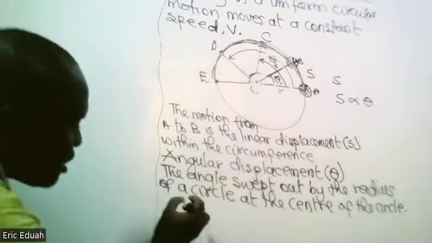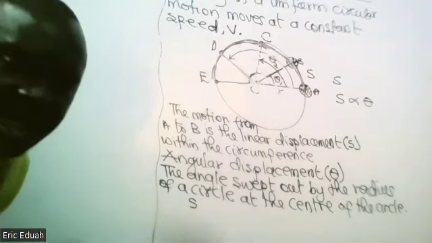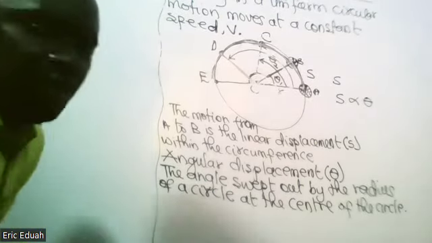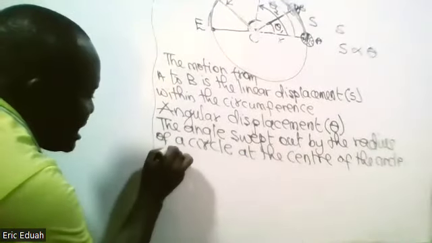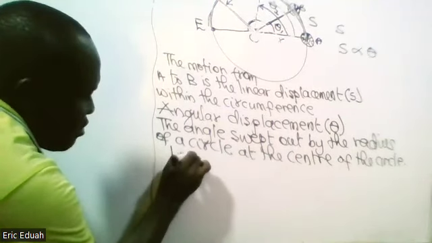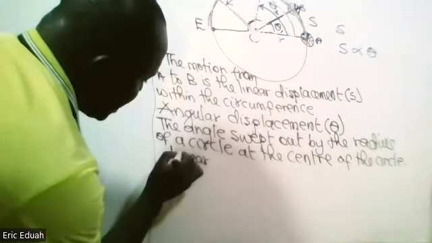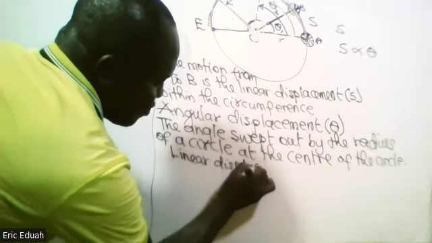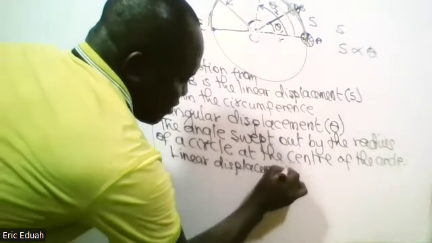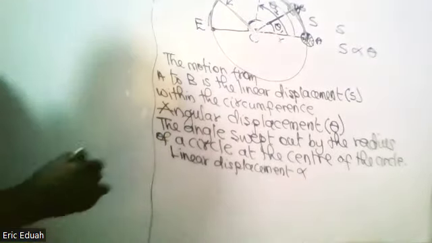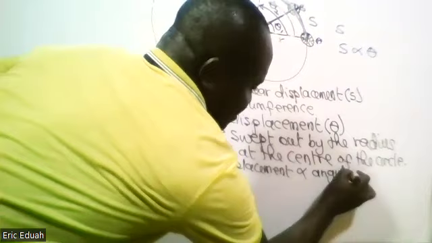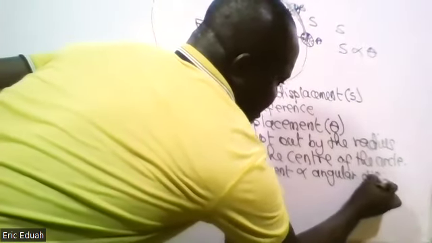And so S, which is linear displacement, let me go word before we relate it to an equation. The linear displacement is directly proportional to angular displacement.